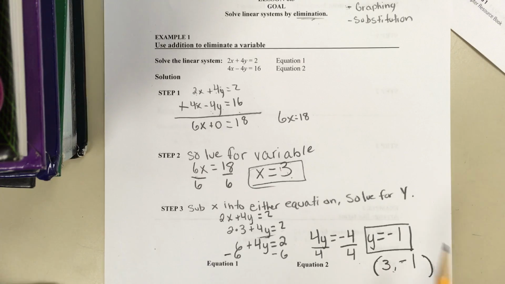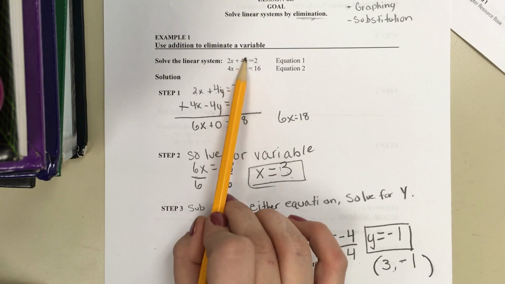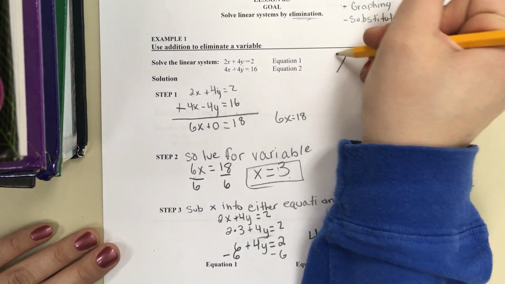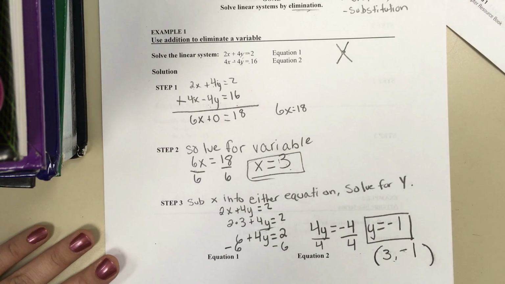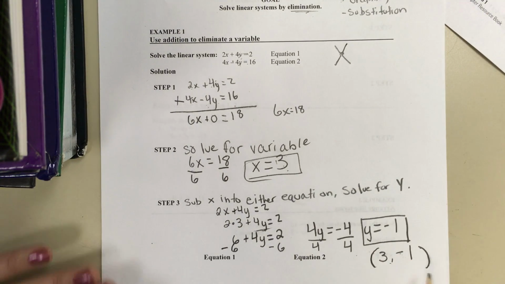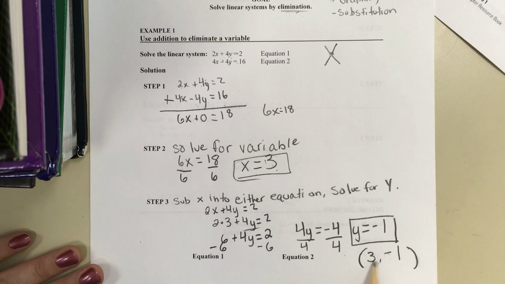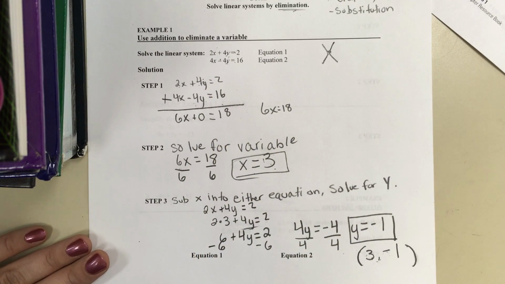This point will satisfy both of these equations. It is where these two equations equal each other, where they intersect, where they cross. Make sure that you know what this point represents. I can plug this point into both equations and they will both be satisfied.